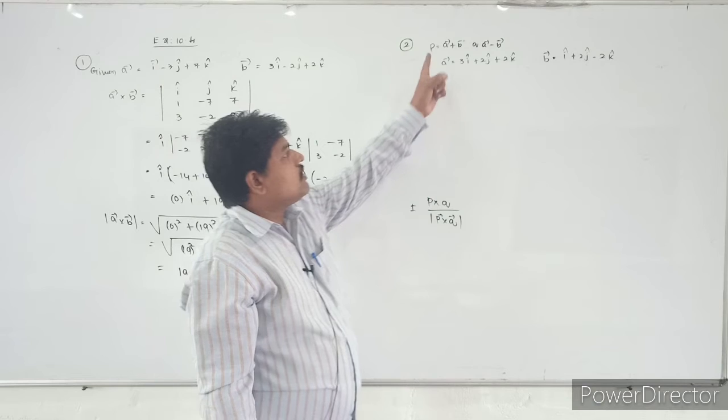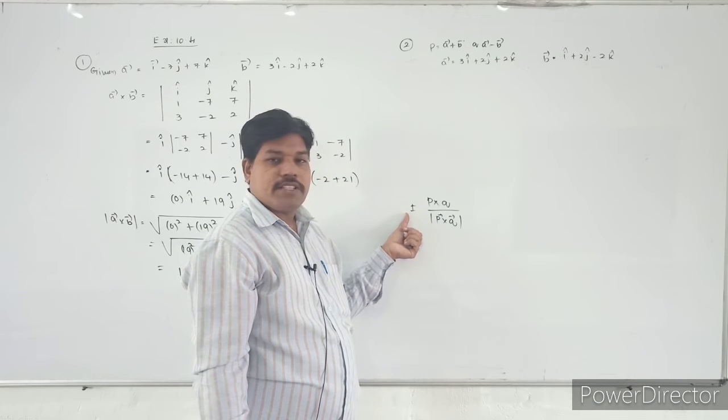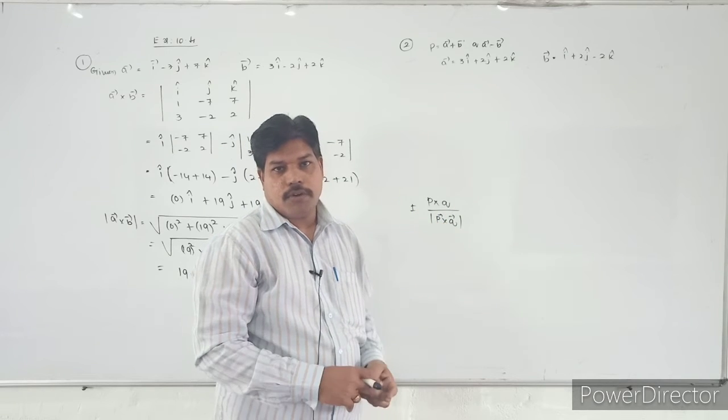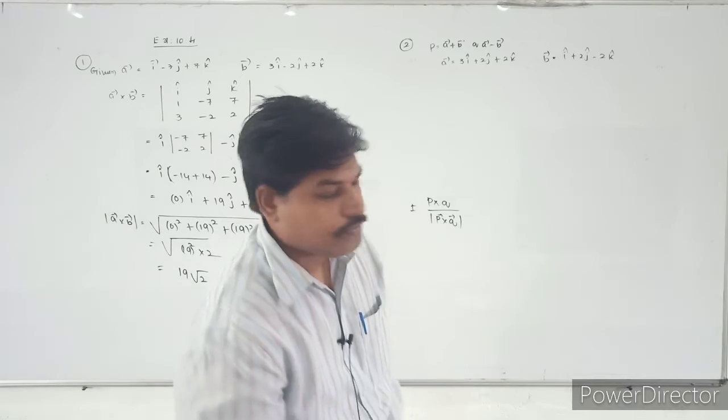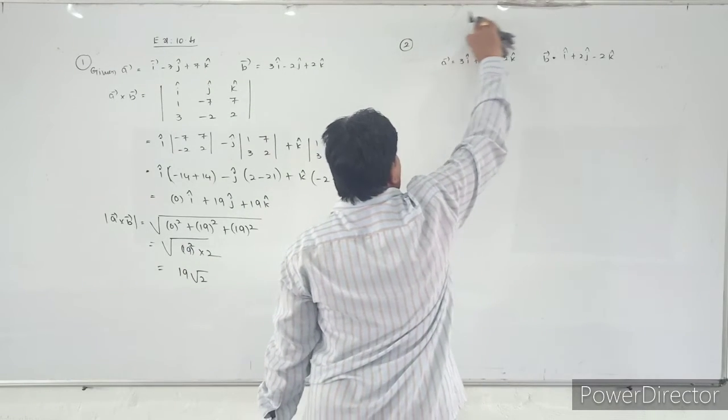So if this is P and this is Q, what we have to calculate is plus or minus P bar cross Q bar by mod P bar cross Q bar. I have already given the condition in the previous one.